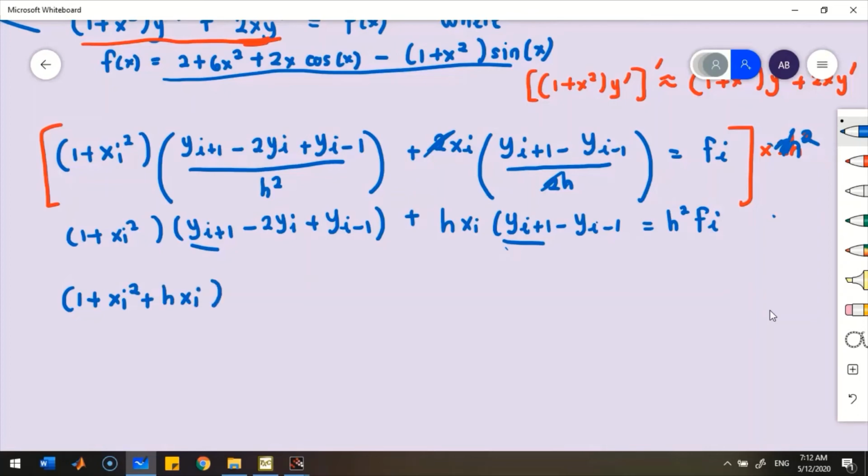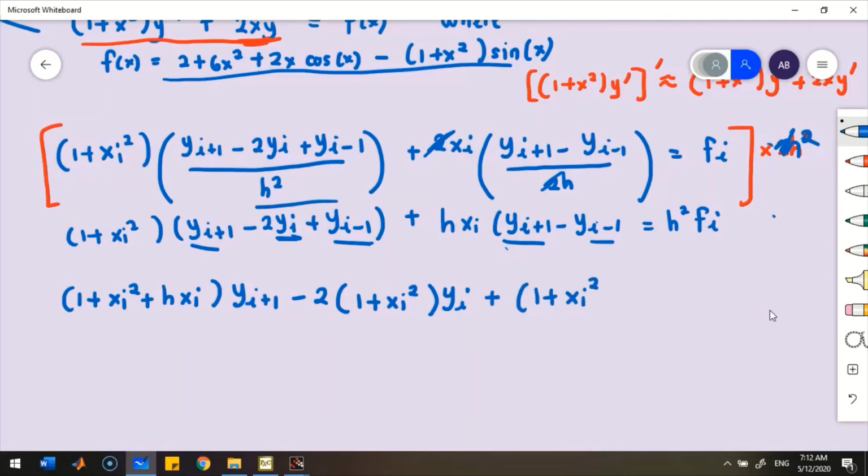This is for yi plus 1. And then the next term involving yi, we have negative 2 times 1 plus xi squared, times yi. Factor negative 2. And then the term involving yi minus 1, I have plus 1 plus xi squared for this term.